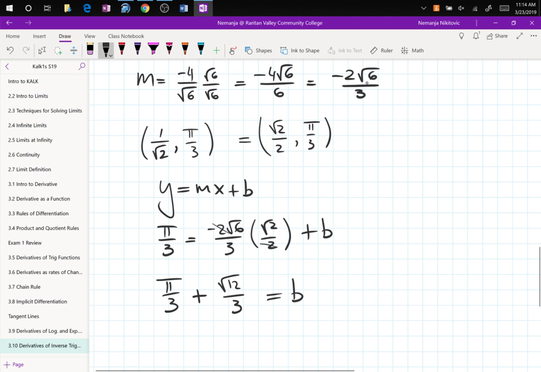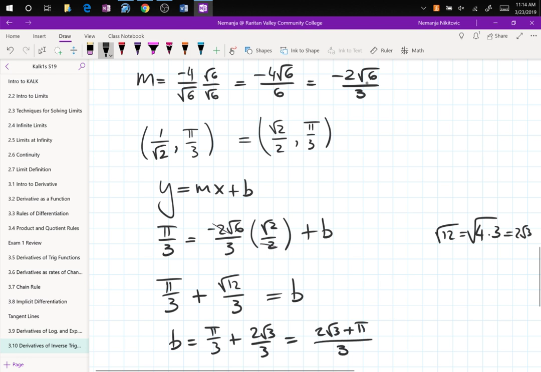Now square root of 12 you can write as square root of 4 times 3, so it's just 2 root 3, right? So b is equal to pi over 3 plus 2 root 3 over 3, which is 2 root 3 plus pi, everything over 3.